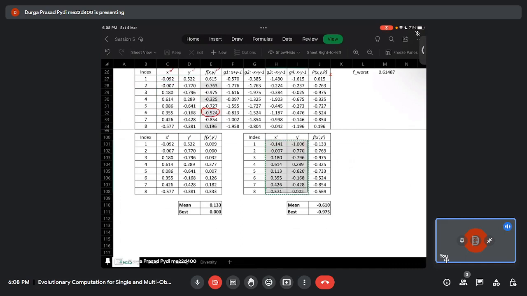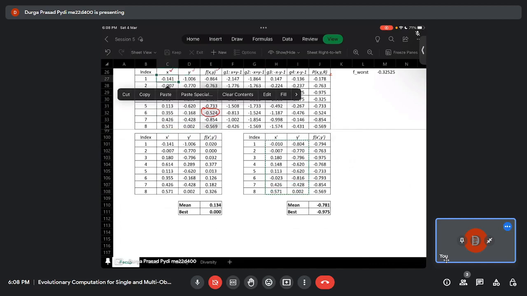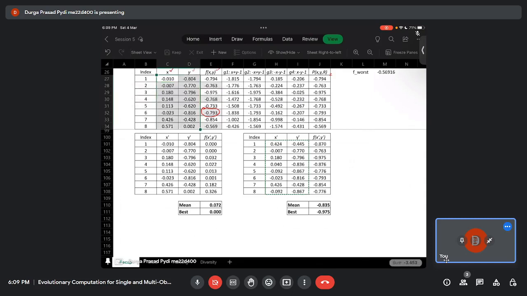So if we can iterate it even further, we might actually, so minus 0.781, it's improving. So minus 0.835 and minus 0.975. So we can repeat it again. So it remained the same.